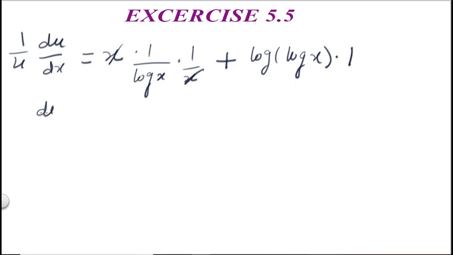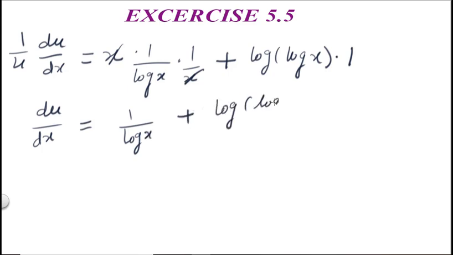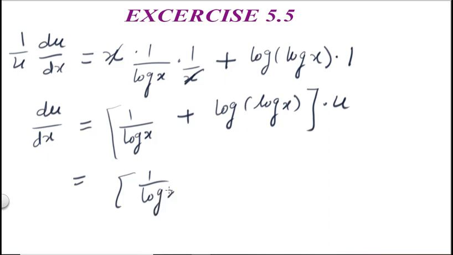So what will be du by dx? It will be 1 upon log x plus log of log x. And this whole will be multiplied with u. What is the value of u? As we know, we assumed u as (log x) to the power x. So we'll just place that value.